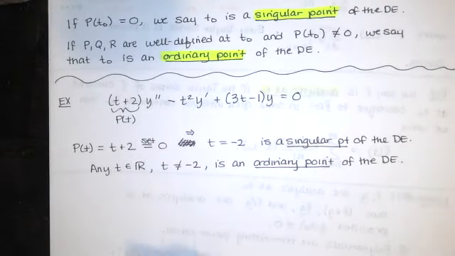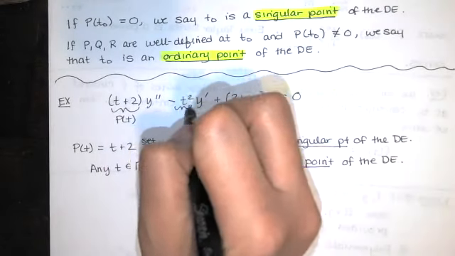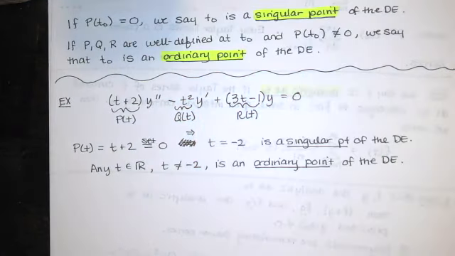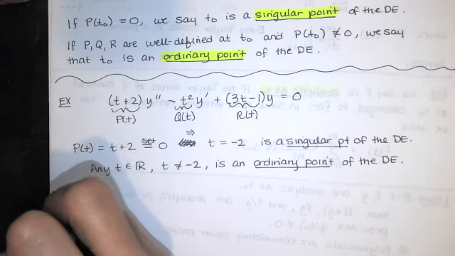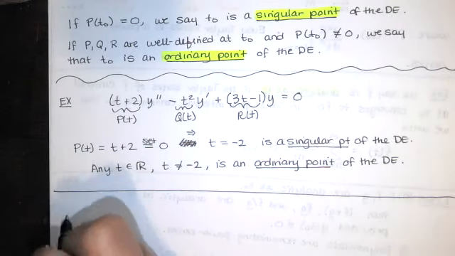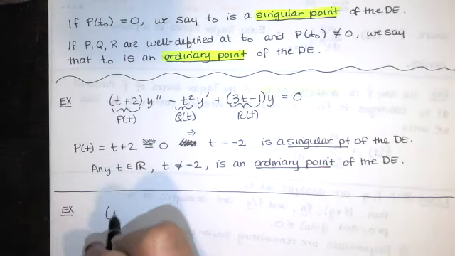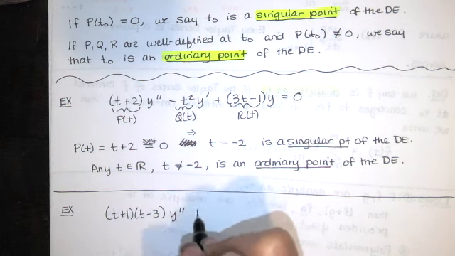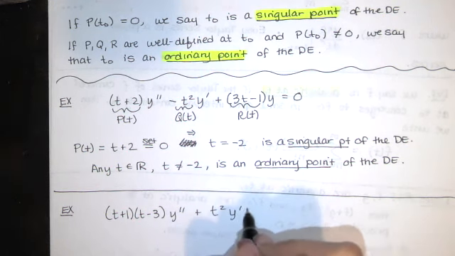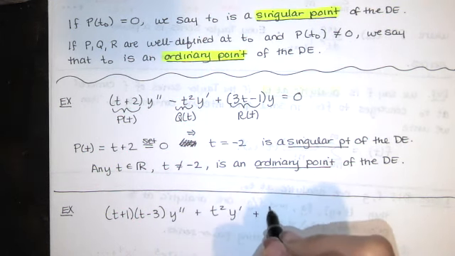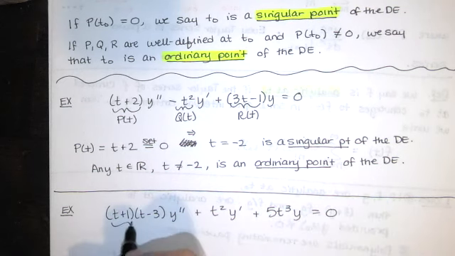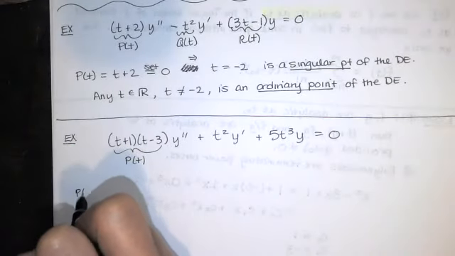Okay. That's our P of t, and that was Q of t, and that's R of t. Those are the labels we're going to use in this course. Let's say you've got t plus 1 times t minus 3. Here, my P of t is this product. Sometimes it's not factored. Sometimes you've got to factor it yourself.